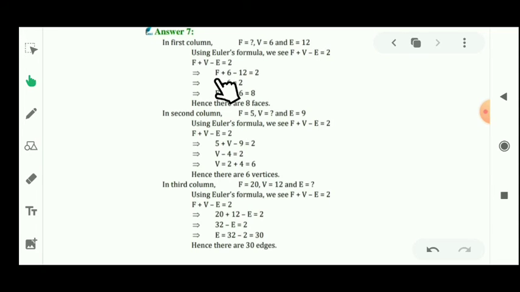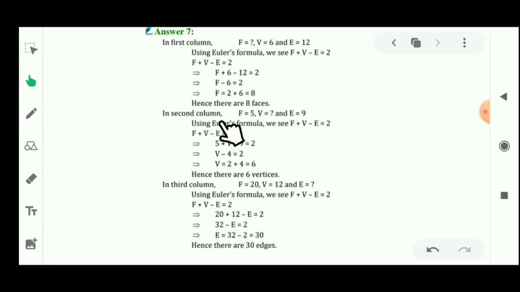So faces we noted as f. We know the value of vertex, it is given in the question, it is 6, and also the value of the edges is given in the question, it is 12. So when we put its values in this formula, that means the faces value will be 8. So there are 8 faces.